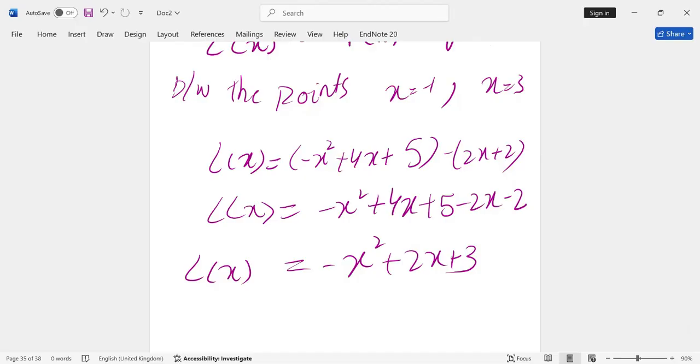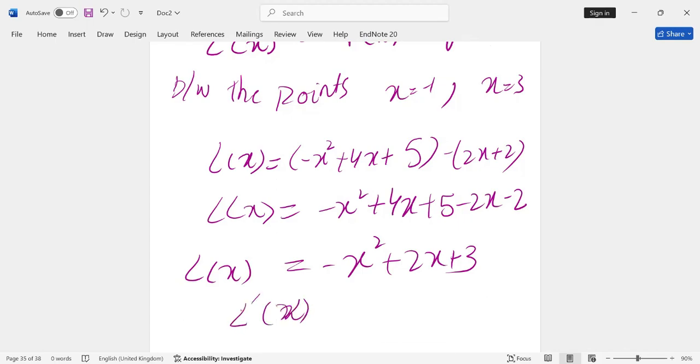All right. So we have to find the x value of the maximum, either by using x equals minus b over 2a, or by differentiating, where L prime of x equals 0. We will use differentiation, as it's the easiest method.